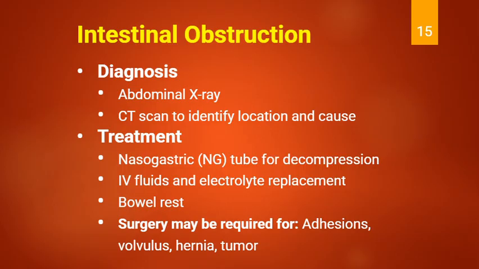A nasogastric tube may be inserted to remove gas, fluid, and intestinal contents, which helps reduce vomiting and abdominal distension. Patients also receive intravenous fluids and electrolyte replacement. If the obstruction cannot be relieved with decompression, or if complications develop, surgery may be necessary. Surgical treatment may involve cutting adhesions, repairing a hernia, untwisting a volvulus, or removing a tumor or a damaged section of bowel.